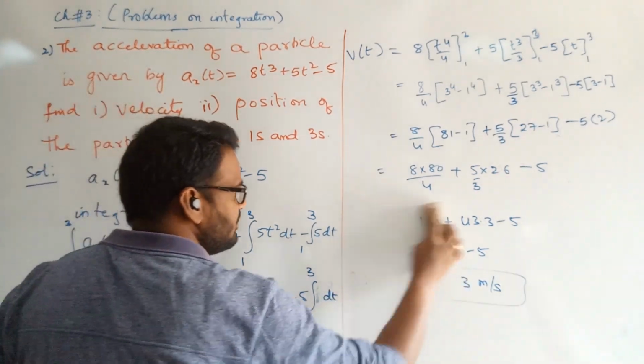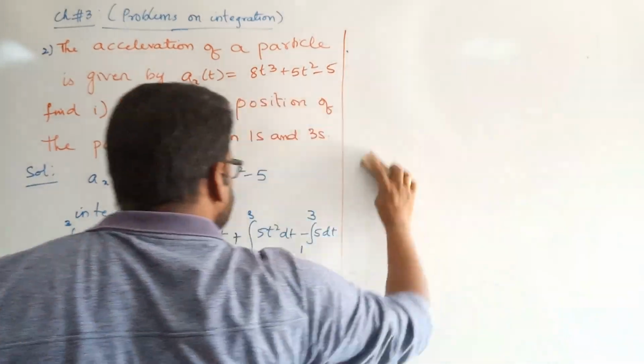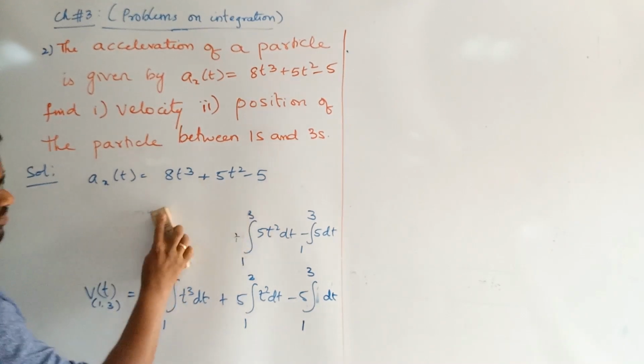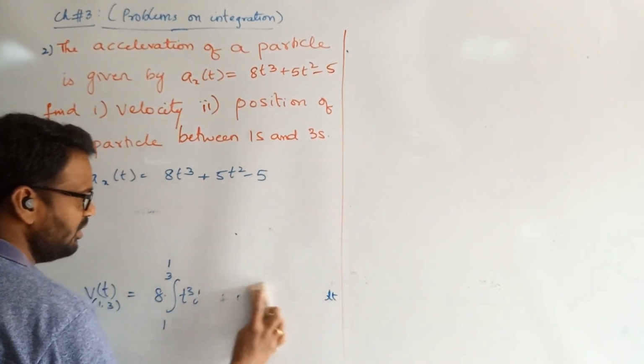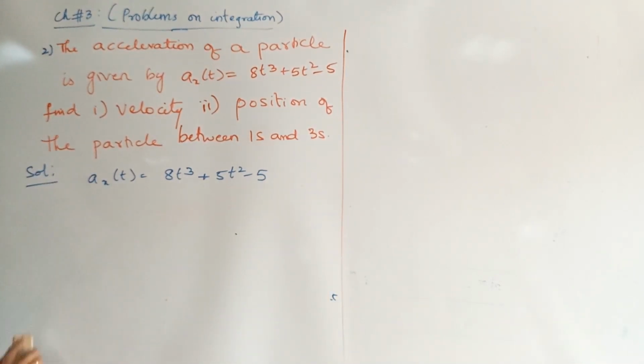I'll just remove this part. Now what do you need to do? You need to find the equation of the velocity, and we have to find the position. You need to do integration of this 2 times.